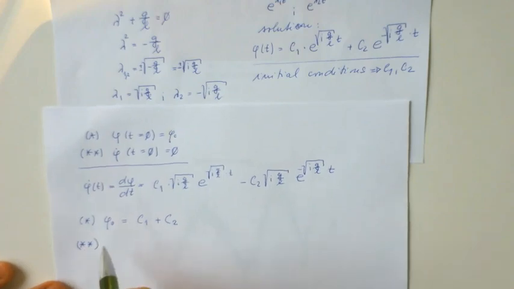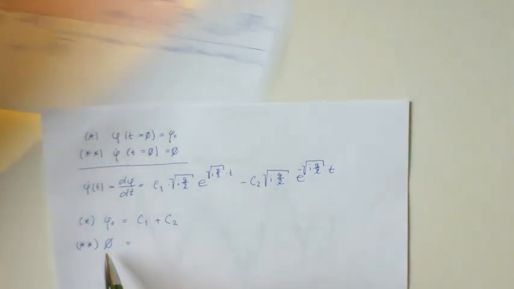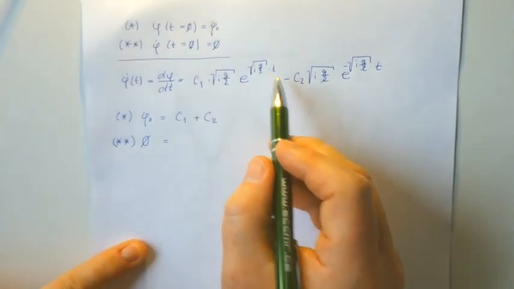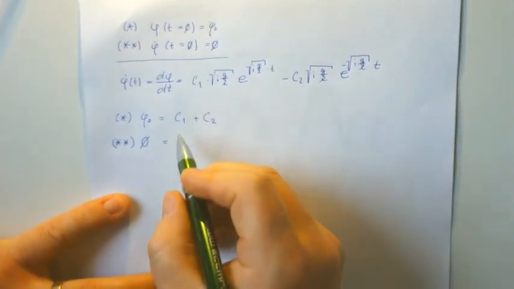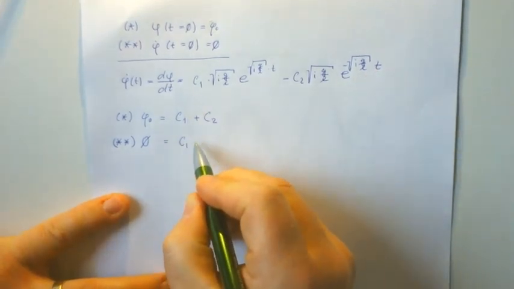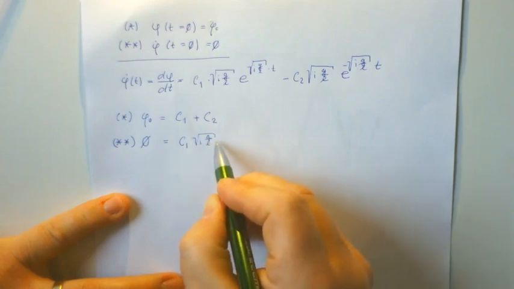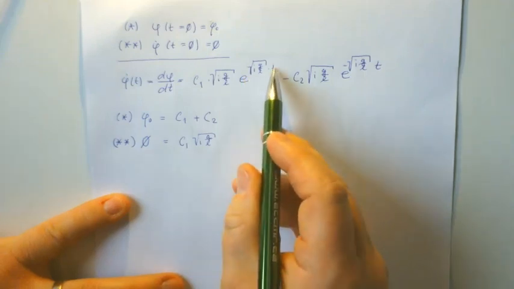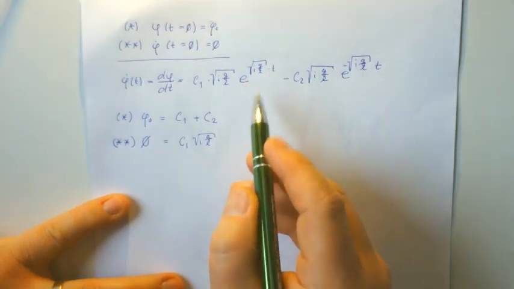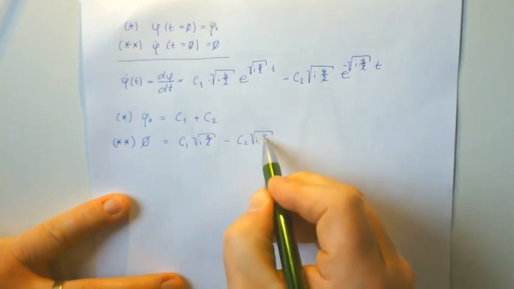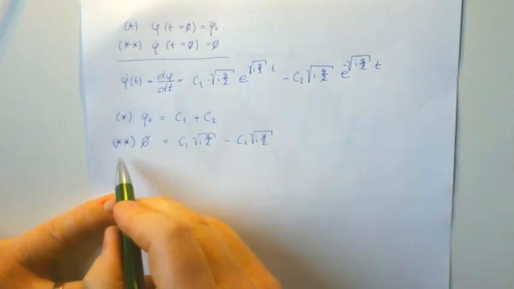So this is a very simple application of the first initial condition. And the second initial condition is for velocity. Velocity at the beginning was 0, so I write 0 here, and I substitute time equals 0. So I write c1 times i square root of g over L times e to the power of 0, which is 1, minus c2 times i square root of g over L times 1 again.